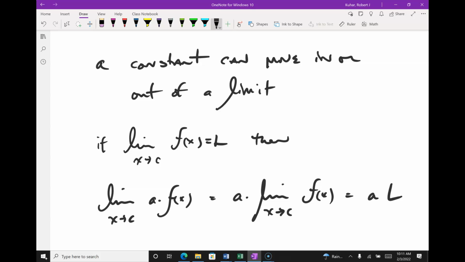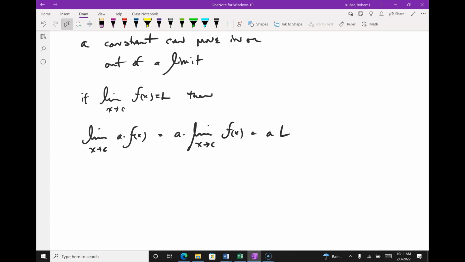So you can see here the constant inside the limit, the constant on the outside of the limit, still going to get that constant times that original limit. This one is really obvious.